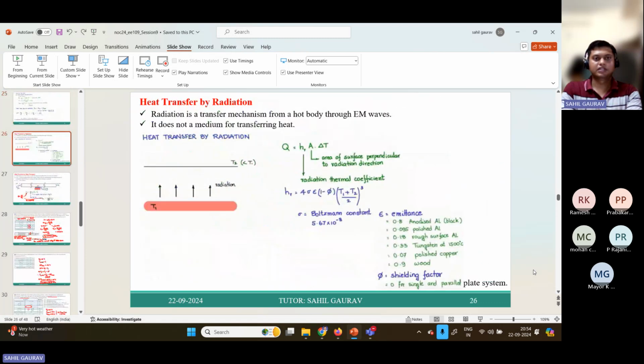If you see this radiation expression, Q equal to HR into A delta T, where this HR expression is this one. So if you practice the problem more, you will easily memorize the expression. In safe zone, you can remember the expression, but I am not confirmed that they will provide it or not.